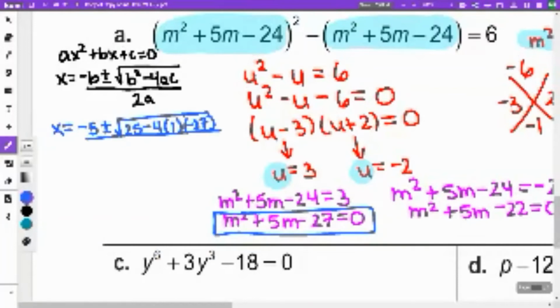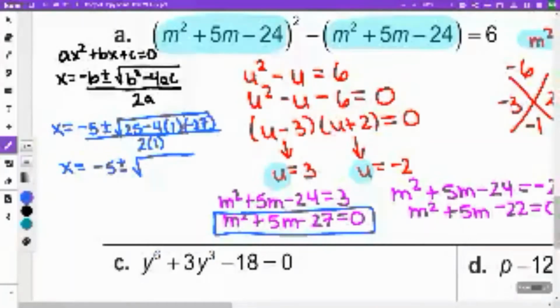All over 2 times my a, which is 1. So for this, I'm going to get negative 5 plus or minus the square root. And I'm just going to do that math underneath the square root. I'm not going to actually type the square root.